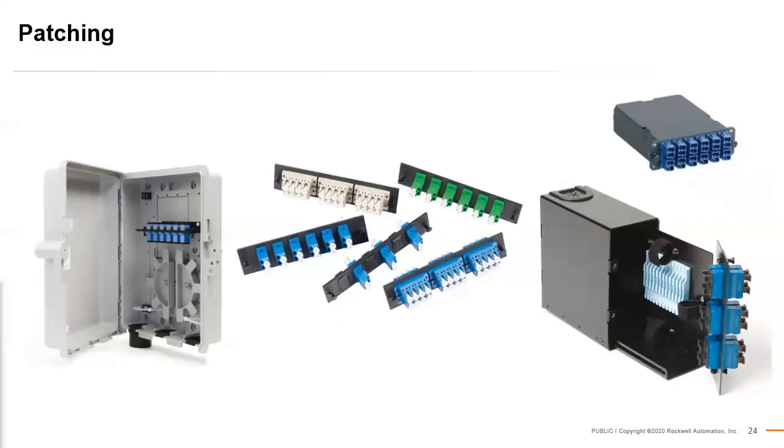So for any of our applications, we can put one of these enclosures in to suit whatever your application is. And the benefit here is that the patching functionality allows you to pull multiple fibers from location to location. And then if for whatever reason you suspect one went bad, you can just move within the patch panel to a different fiber and it's already terminated there. You don't have to worry about having to pull another one. Yeah, there's a lot of benefits to going with this method.